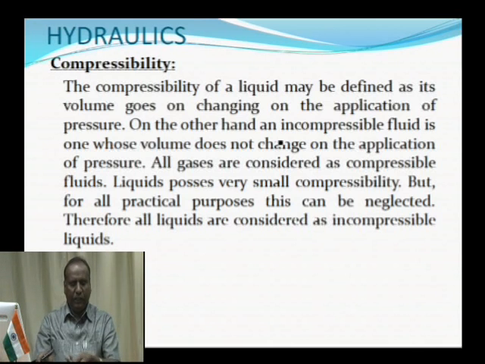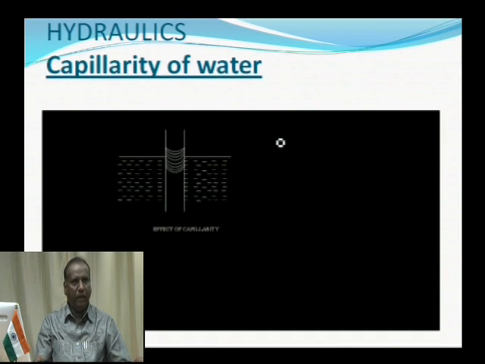Next property is capillarity of water. Now, look at the sketch, the effect of capillarity. When a tube of smaller diameter is dipped in water, the water rises up in the tube with an upward concave surface. The rise of the liquid surface is known as capillary rise.